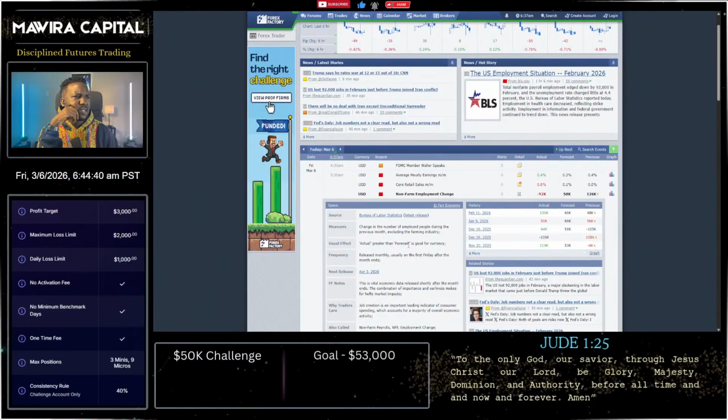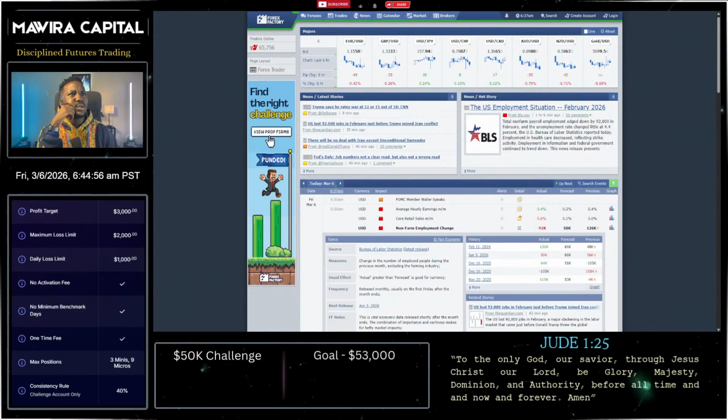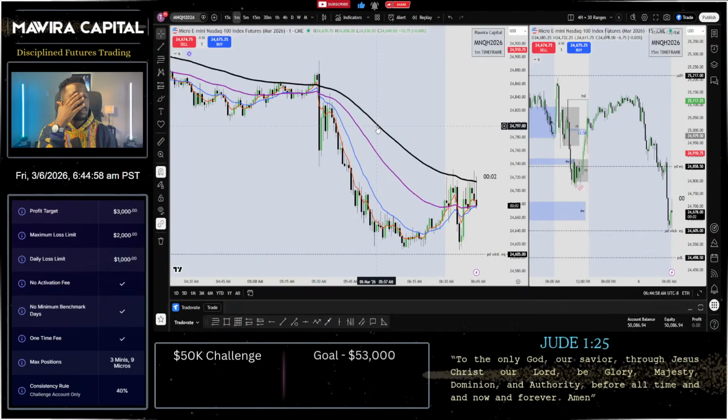Actual greater than forecast is good for currency, so it was less, which means it was bad for currency. And so we had a drop, I guess.